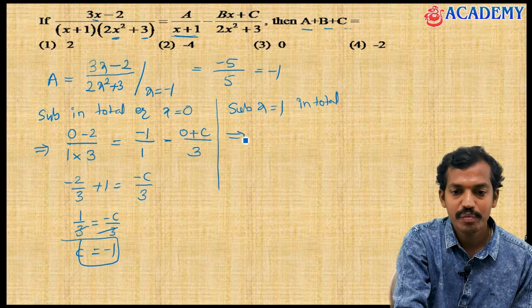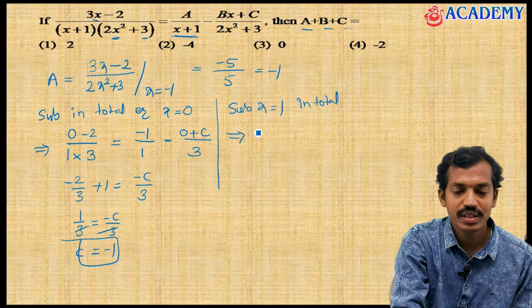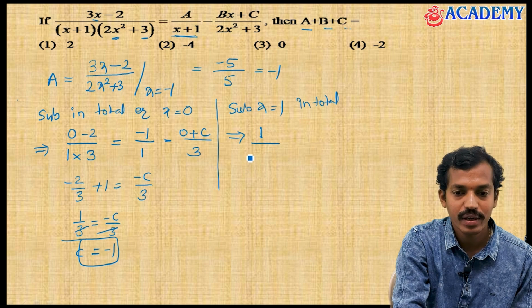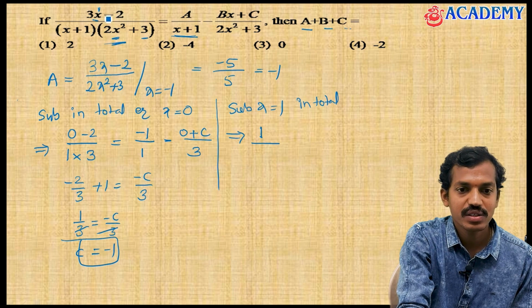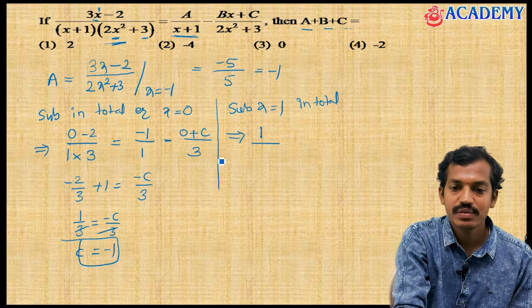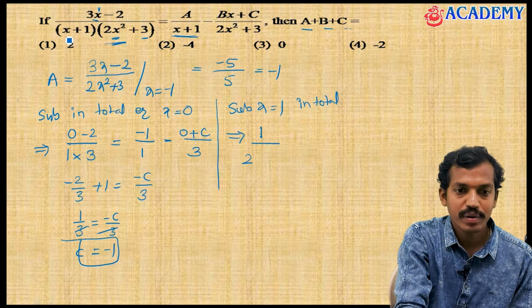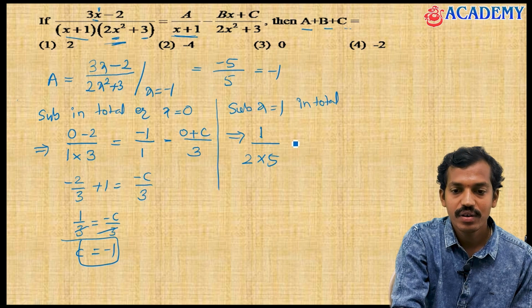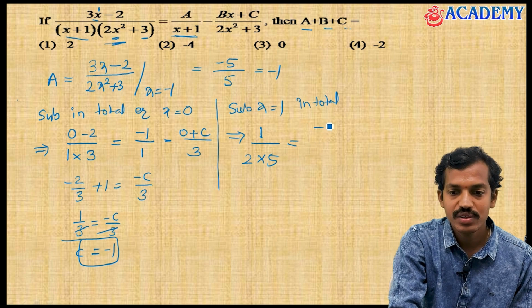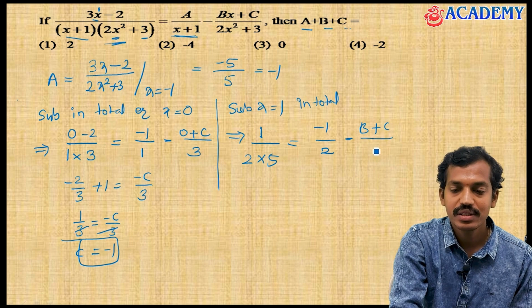In place of x, 1: 3 into 1, 3 minus 2 is nothing but 1, divided by, in the left side, 1 plus 1, that is 2, and 1 square is nothing but 1, 2 plus 3 is nothing but 5, equals, now the a value is minus 1 divided by 1 plus 1, that is 2, next to minus b into 1, b plus c, divided by 2 plus 3, 5.